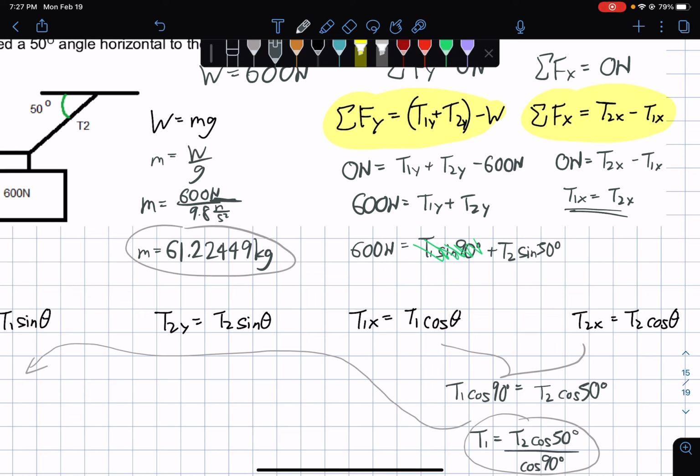And T2, you divide both sides by sine 50. T2 is then equal to 783.24437 newtons.